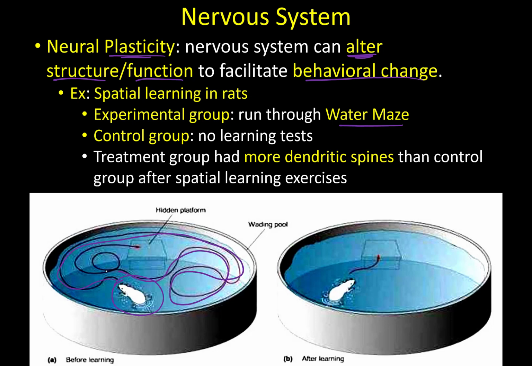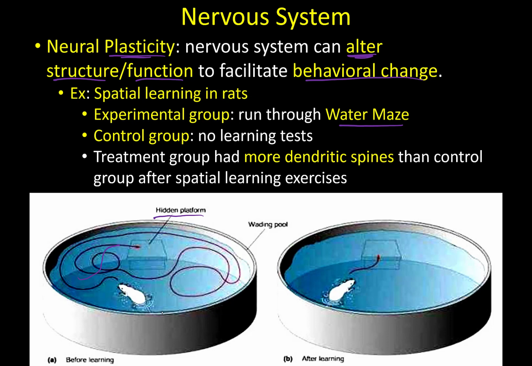It's swimming in circles, it can't touch the bottom, and it also can't see this platform, which is hidden just below the surface of the water. Instead, the rats are looking for a way out, checking the walls of the pool until finally they stumble upon the hidden platform, and then they're able to haul themselves out of the water, which is their goal all along.